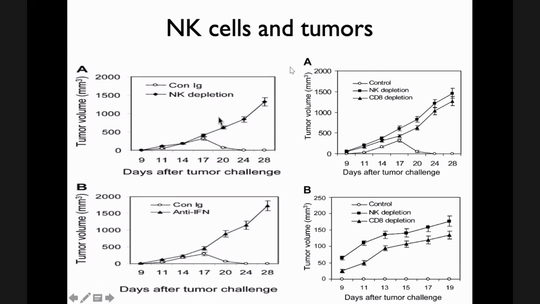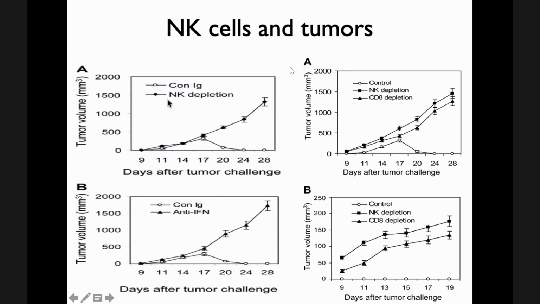This is because quite some time after the injection, you might generate some kind of immune response, and then the tumor regresses. Now, if you deplete these NK cells, these animals kept on developing tumor unhindered. So this suggests that NK cells probably are playing a crucial role in controlling progression of tumor.